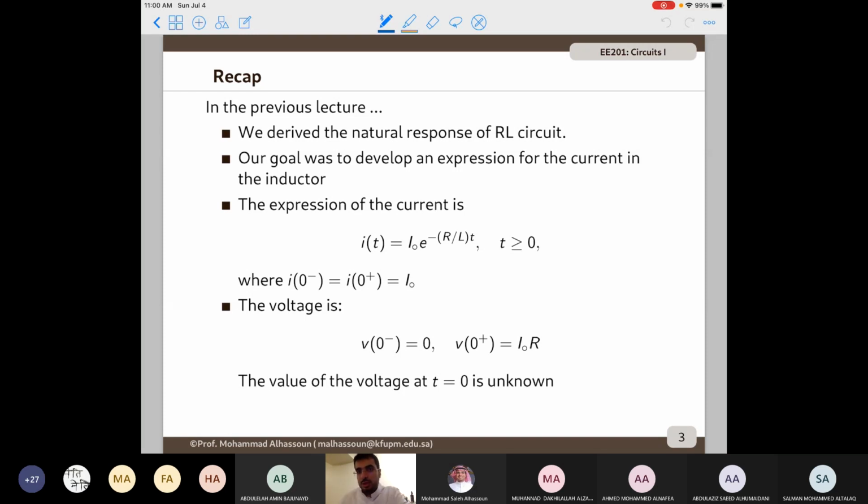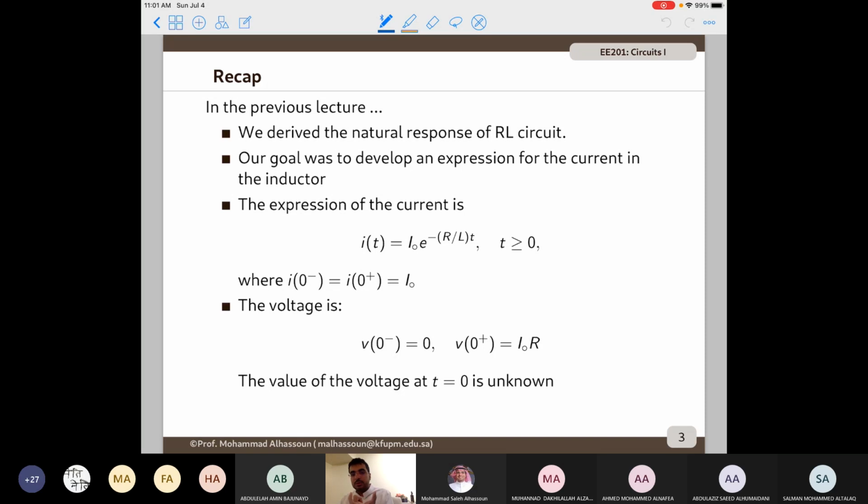This is what we did with mesh current and node voltage methods. In these two methods, we were trying to simplify the way we calculate circuits. Then we moved to source transformation, where we're trying to simplify the circuit itself.